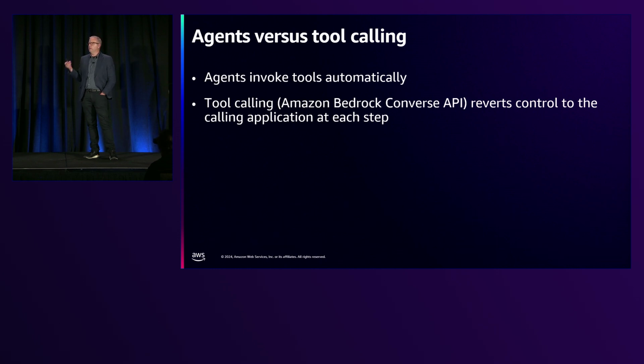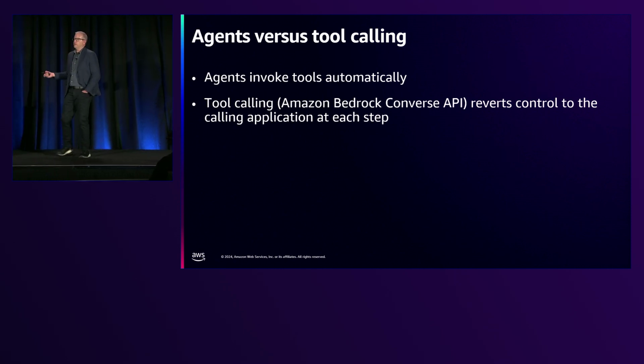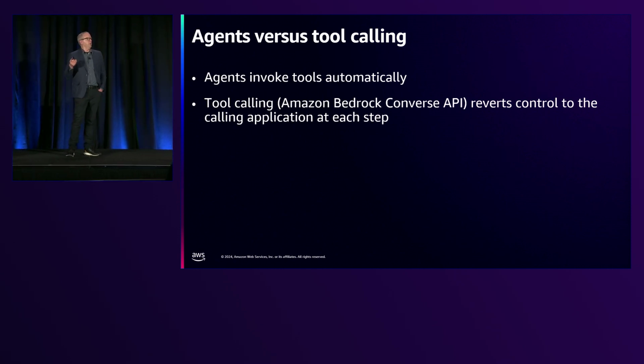So for example, I could have written a program that just said, okay, model, here's a tool you can call, and this is what it does. And if somebody asks a question like this, you can call this tool. And rather than letting the model kind of reason and start thinking about an unlimited number of next steps. And so in Bedrock, for example, the Converse API supports tool calling, which is an alternative to the full-blown autonomous Bedrock agents framework.